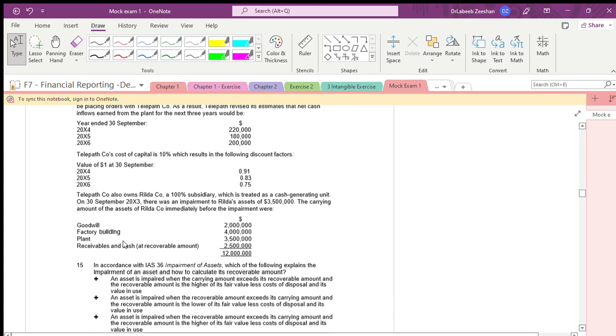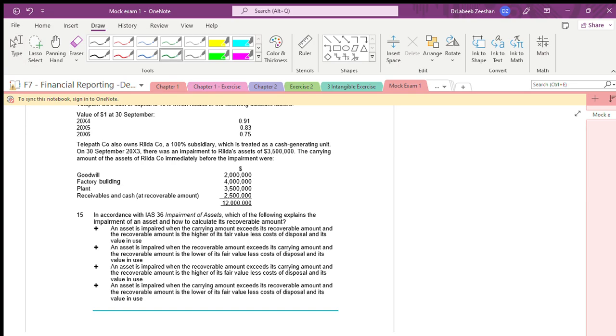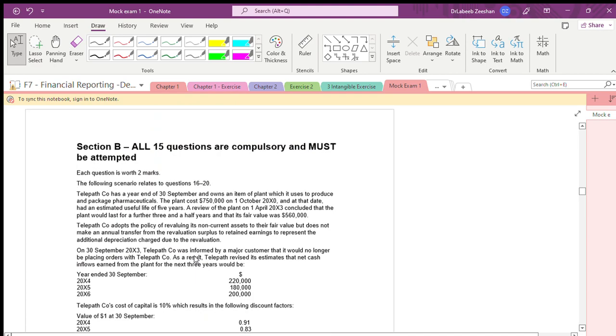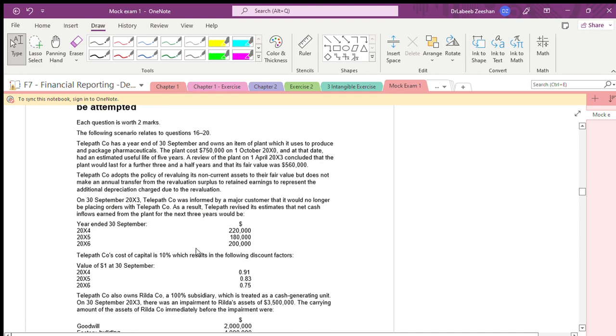In accordance with IAS 36, first we will see this. Telepath has a year end of 30th September and owns an item of plant which is used to produce and package pharmaceuticals. The plant cost 750, with an estimated life of 5 years. A review of the plant after 3 years concluded that it will last for 3.5 years, and the fair value is 560.